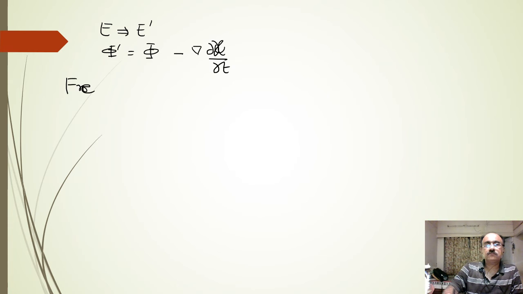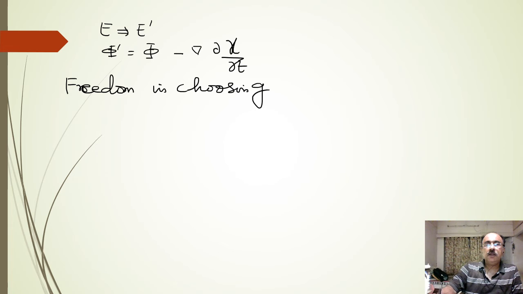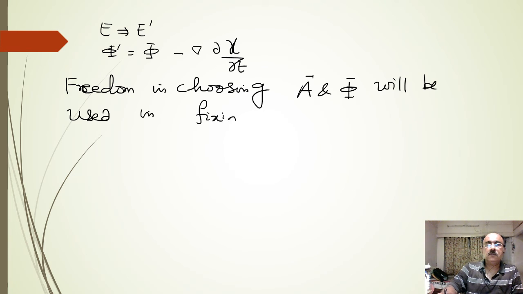The freedom in choosing A and phi will be used in fixing the value of divergence of A plus mu 0 epsilon 0 del phi upon del t equal to 0.